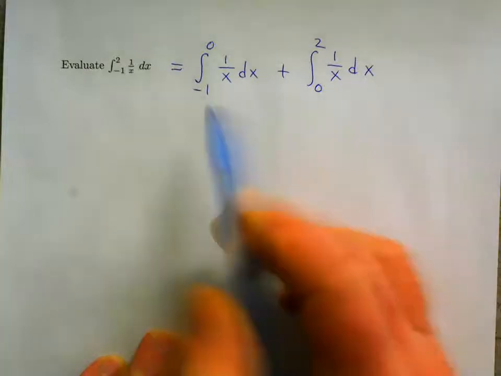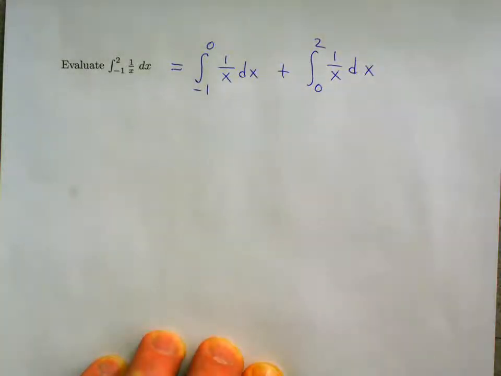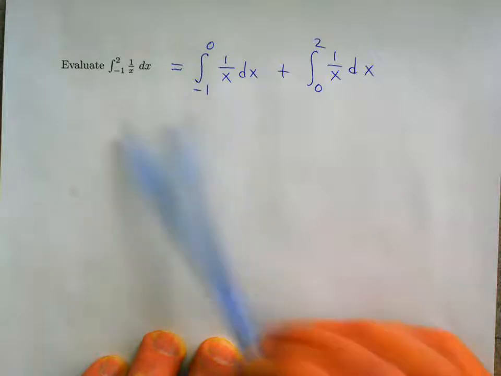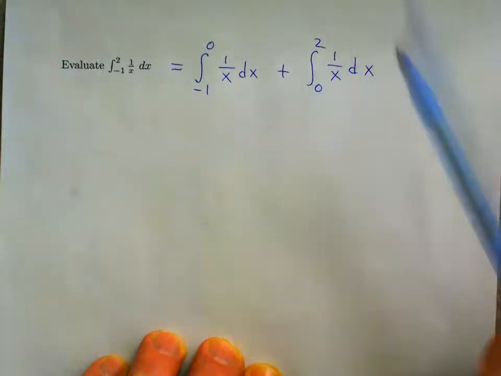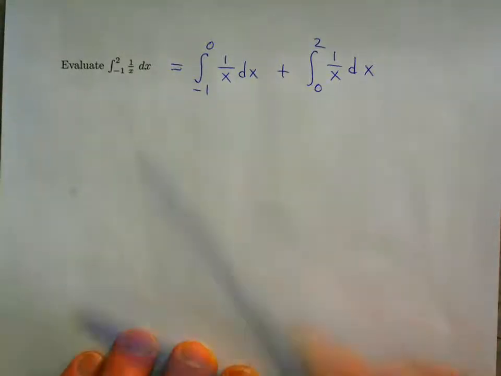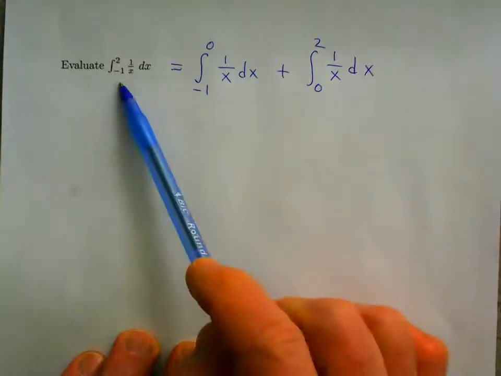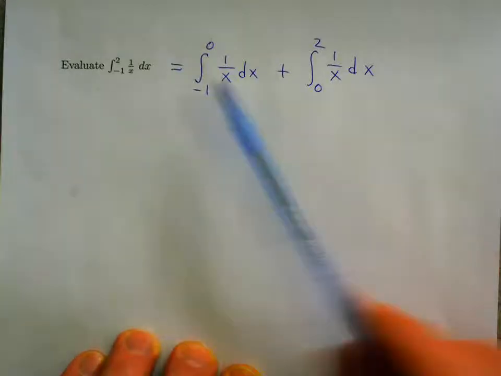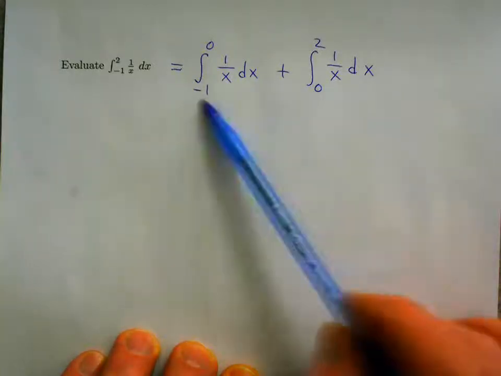Each of those is also improper. These are similar to the one that we just did. Okay, so this original improper integral will be convergent if each of those two are convergent.